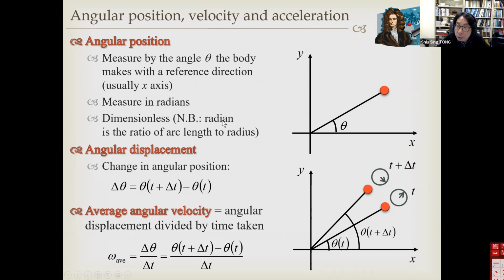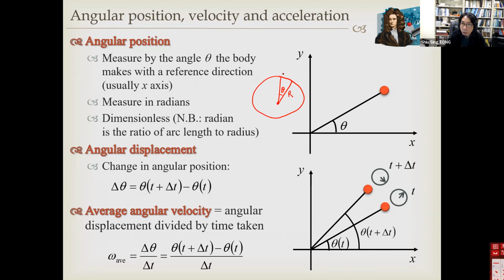Because the radian is, by definition, can you remember the definition of radian? The radian is the arc length divided by the radius, right? You imagine an angle subtending a part of the circle. This is the center of the circle. This is the angle theta.